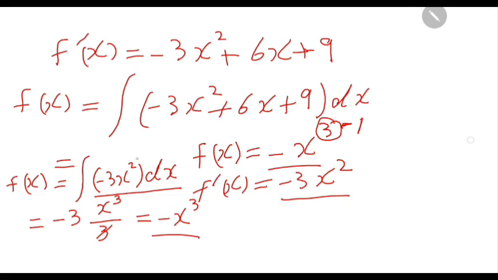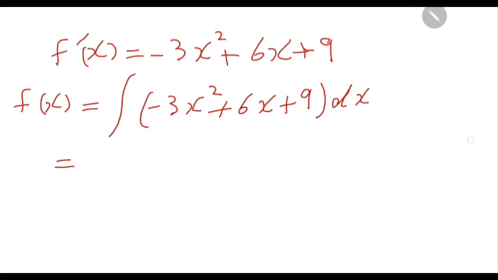In the power we add 1, so 2 plus 1 becomes 3, and then you divide by the same power. There you multiply, here you divide. So it takes you back to the function f of x, and the answer is -x power 3. So integration is the inverse of the derivative.